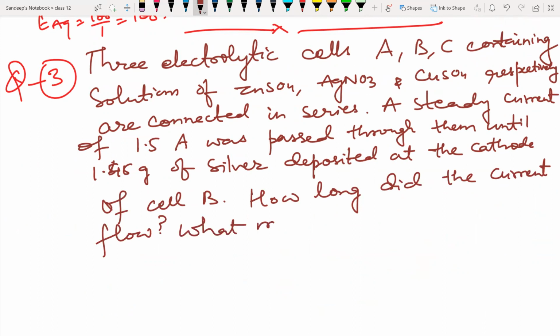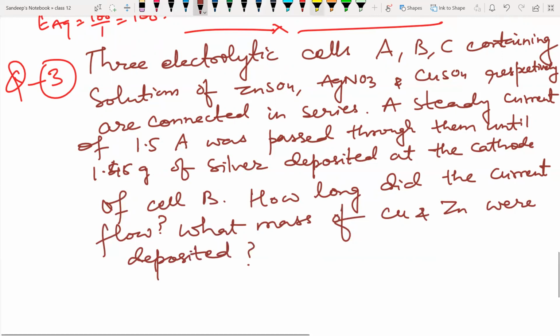What mass of copper and zinc were deposited? So it looks a very big and intimidating question, student, but actually it is very easy.